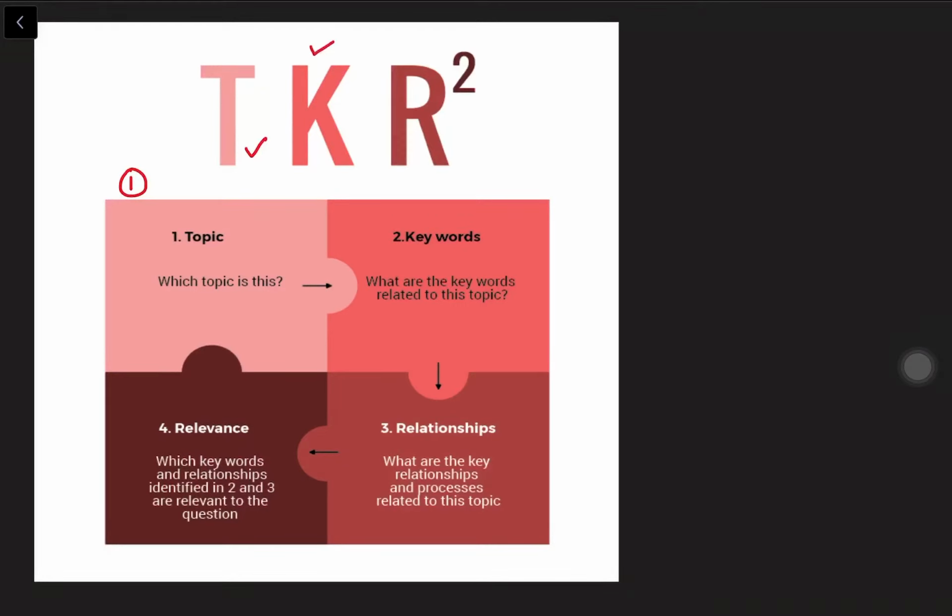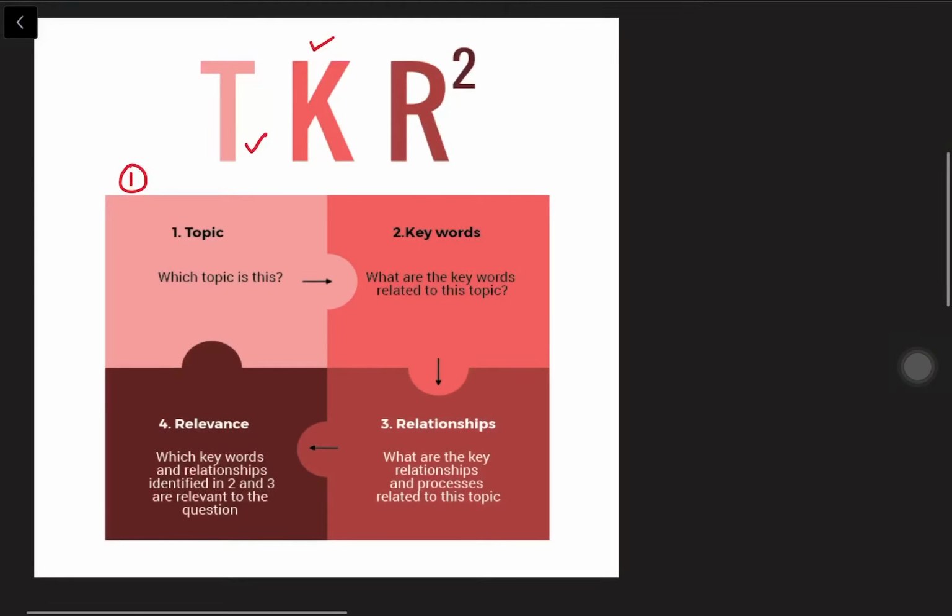So you would have done K. After you have identified the keywords, move on to the first R. What are the relationships and processes related to this topic? So that is the first R. And then you move on to relevance. Which keywords and relationships identified in 2 and 3 are relevant to the question? So you do the other R over here.